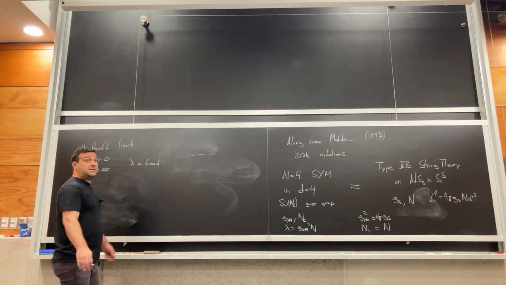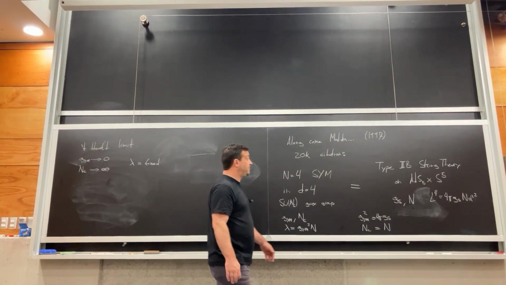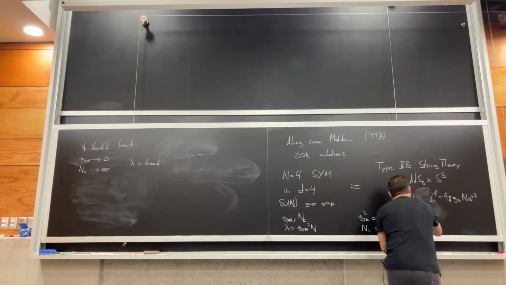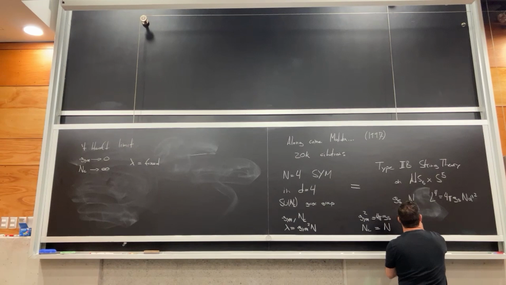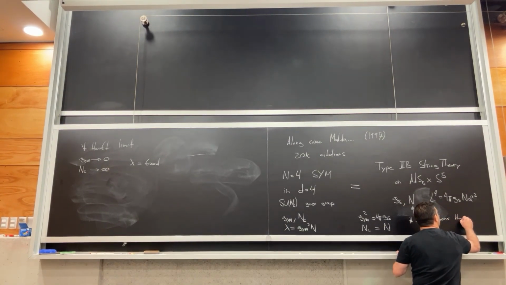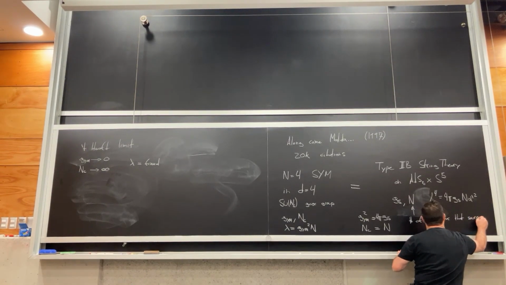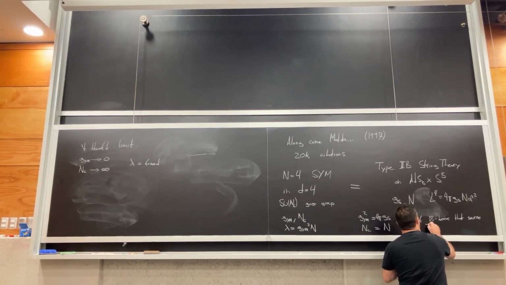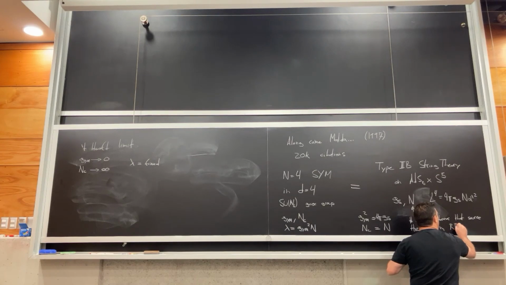Yes? The N on the string theory side, what was the explanation for that? Was it the source for the curvature? Yes, it's the number of D3 branes that source the 5-form flux.